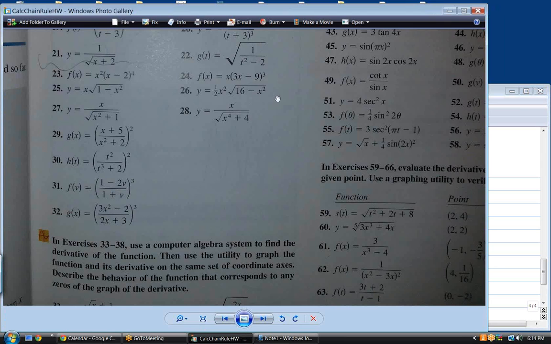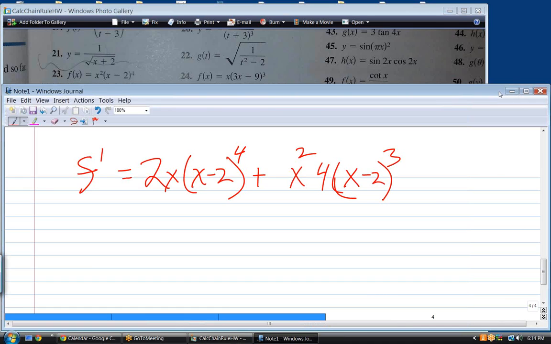All right, let's go over and do some chain rules, I think. Are there any other interesting looking problems here? This is going to be a huge quotient rule problem. Yeah, let's just start with 30.